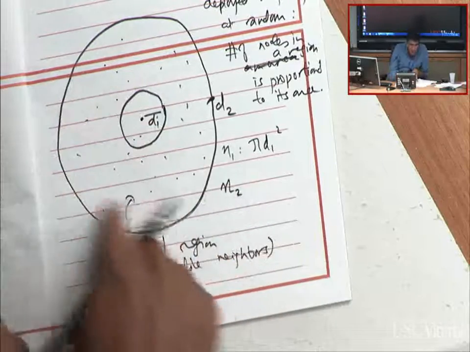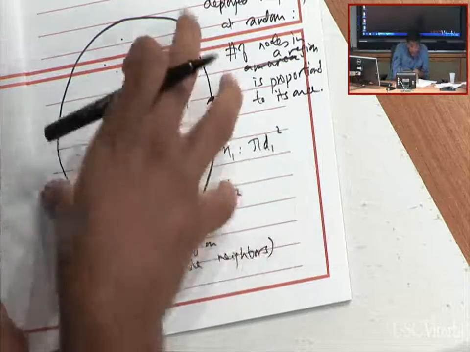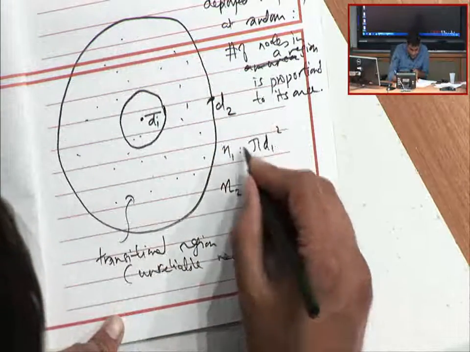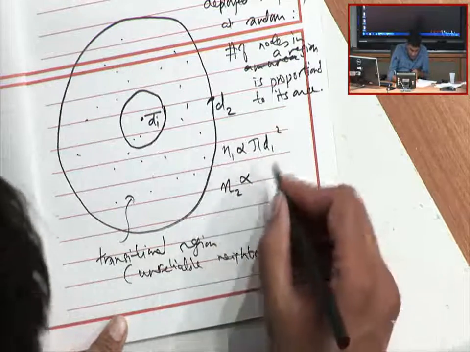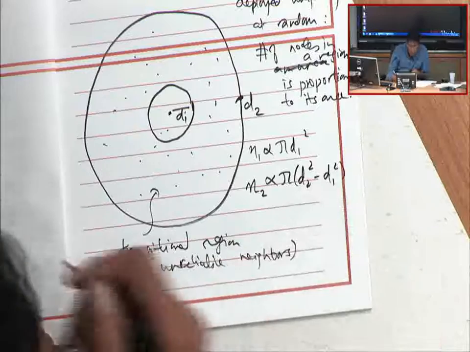N2 is the number of nodes that are unreliable, and the area of this region is basically the outer disk minus the inner disk. So this is what they're proportional to. This would be proportional to pi of d2 squared minus d1 squared.